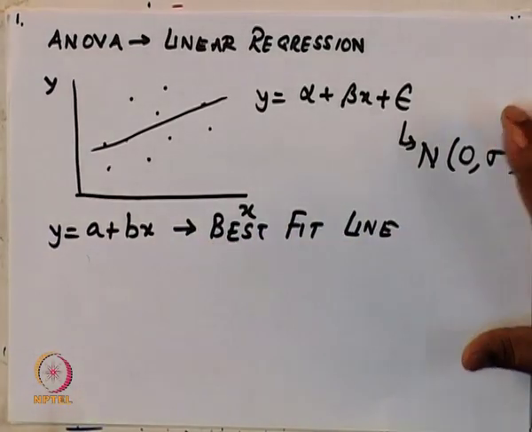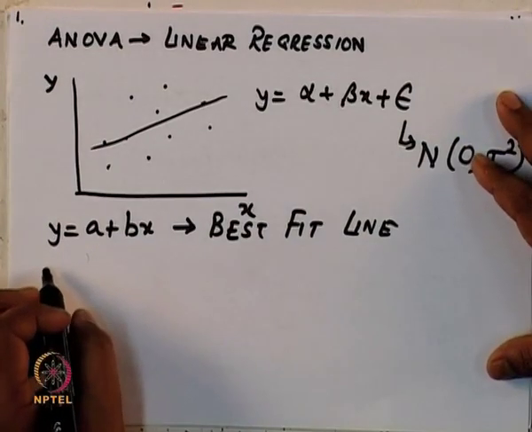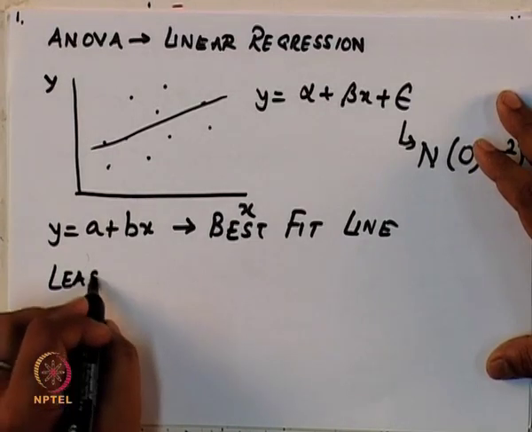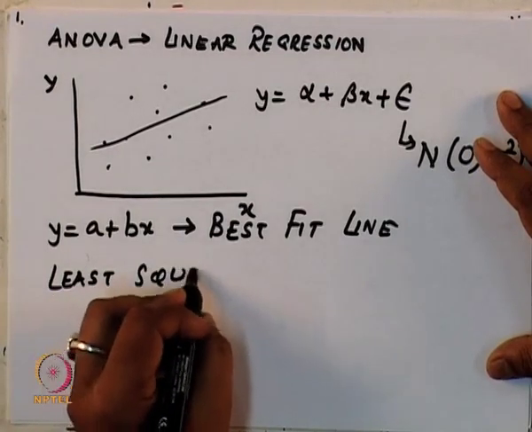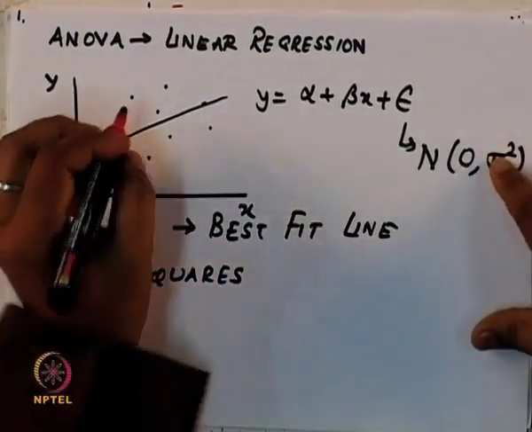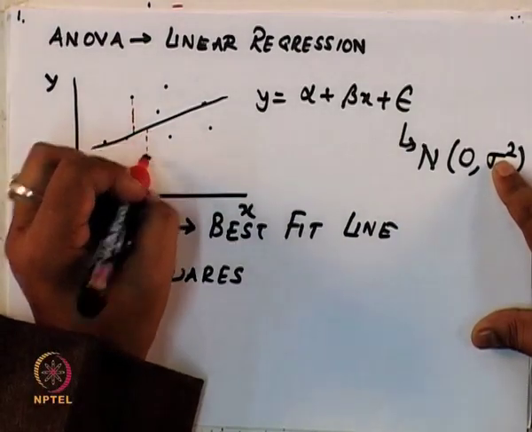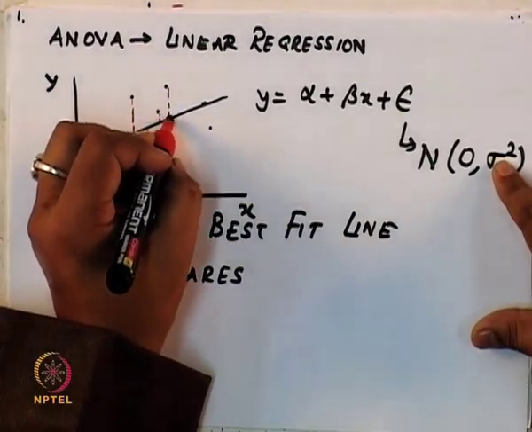Okay. And the approach is using the method of least squares. In this approach, for each of these points, you try to track the deviation of these errors.